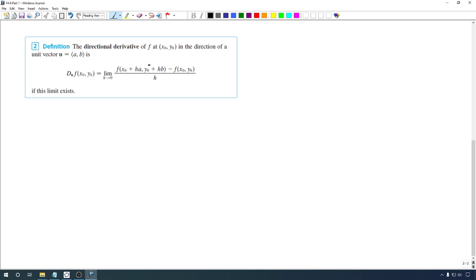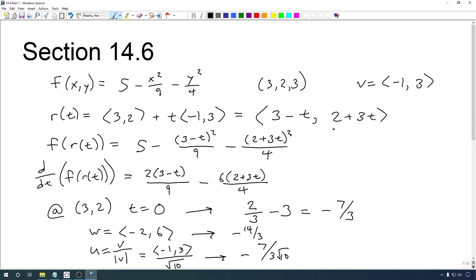Here we actually modify both the x naught and the y naught by whatever proportion we have from our unit vector. It's essentially what we're doing here is we're replacing what we have inside of the f with the parametric equations for our line. This is the same formula that we had back here, except we're using a unit vector.